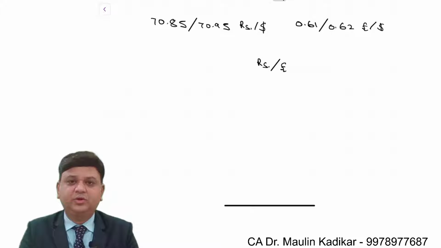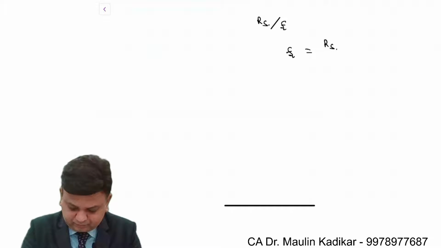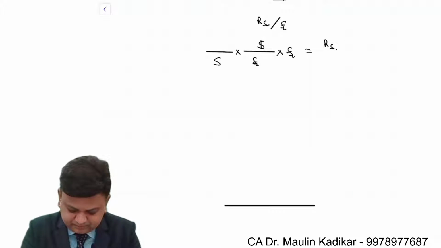In order to compute the rupees per pound exchange rate, we will first form the formula. Rupees is the final answer, per pound. Against pound, dollar is given, and against dollar, rupee is given.